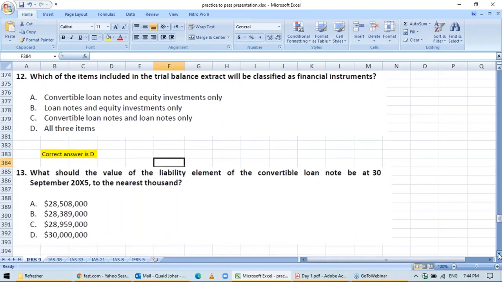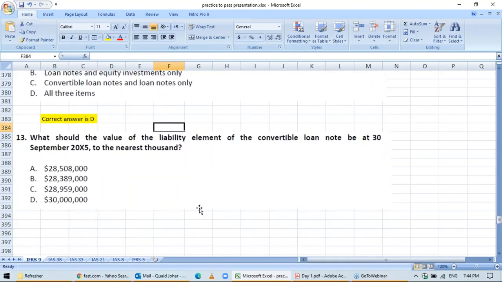Okay. So next, what should be the value of the liability element of the convertible loan note at 30th September 2005 to the nearest 1000? So again, we get the same item. We have to calculate the present value in order to arrive at the answer.